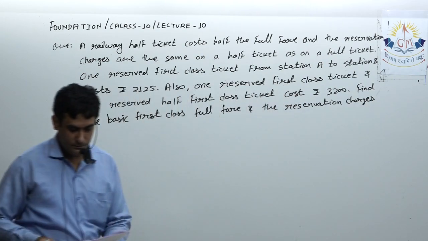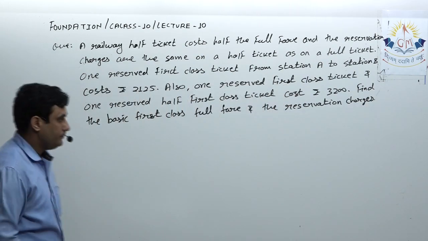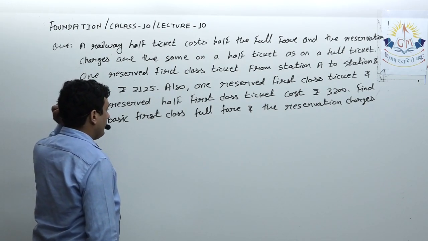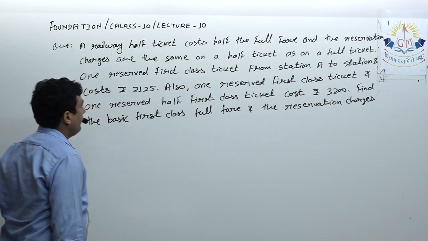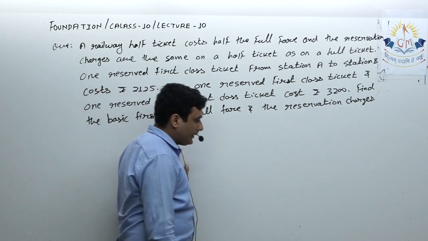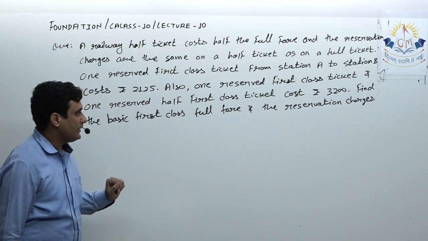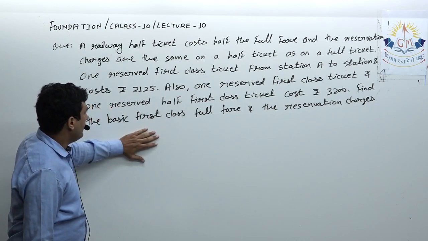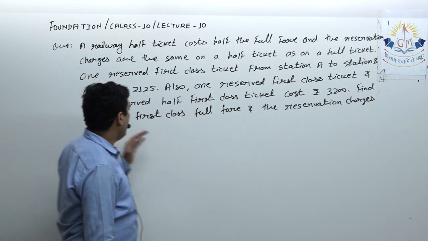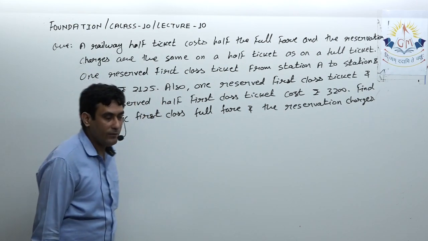Okay, so a railway half ticket costs half the full fare plus the reservation charge. That means for a ticket there are two types of charges: the reservation charge, that is fixed, and the basic first class charge, that is again fixed.